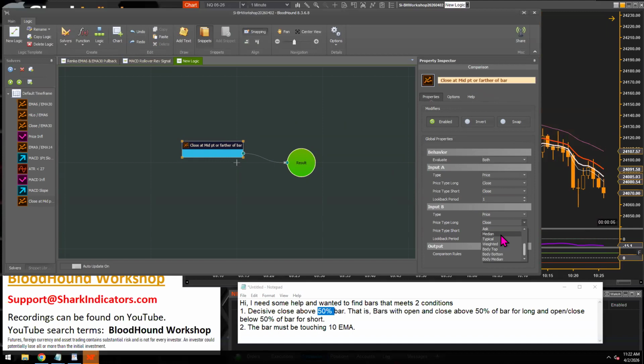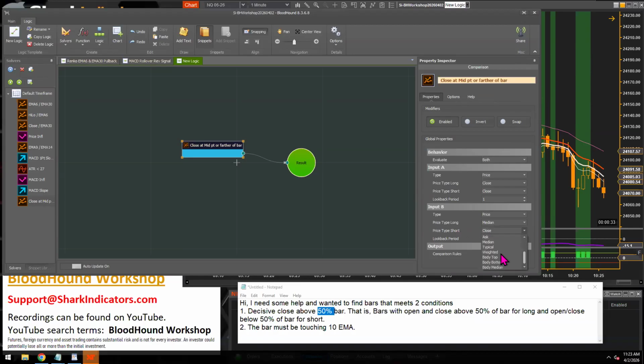Oh, yeah, I guess it is the median. I thought Ninja had the mean and the median price here. Yeah, so it'd be the median. And we also have body median as well. Cool. All right, so I'm going to set both of these prices to the median there.